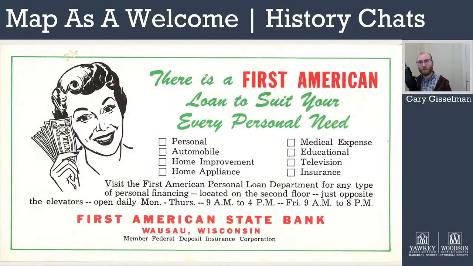It's interesting because First American is one of these companies that has a lot of advertising, a lot of print material, and it's a lot of really cool stuff here. A lot of this makes sense. It's sort of like, hey, this is a helpful guide, or things that you can use. So these are the things we have loans for, right? Also, just as a note, First American State Bank has gone through some iterations.